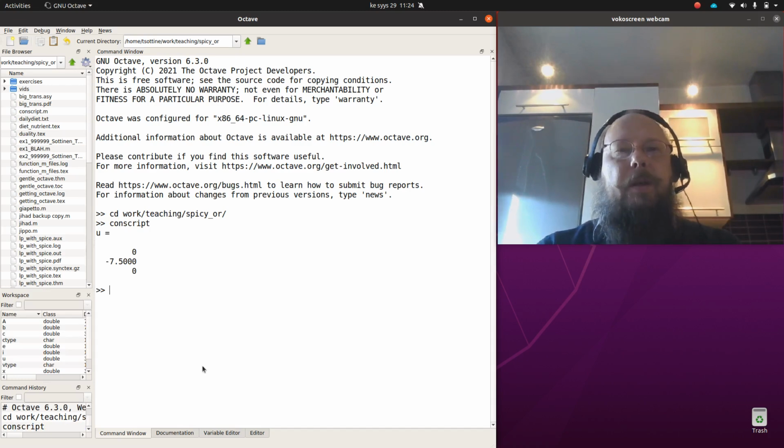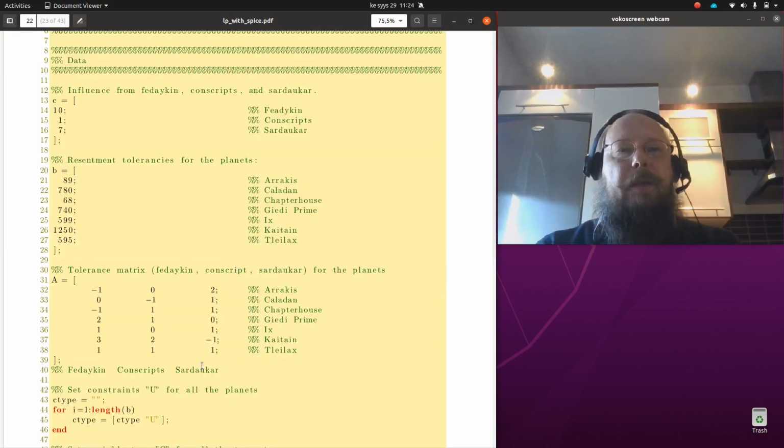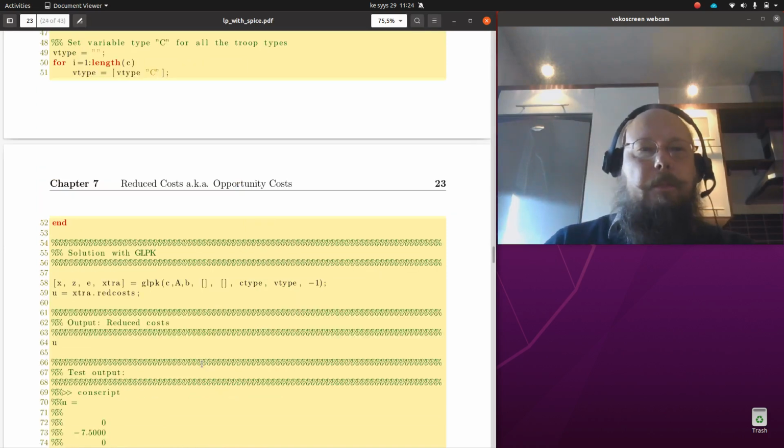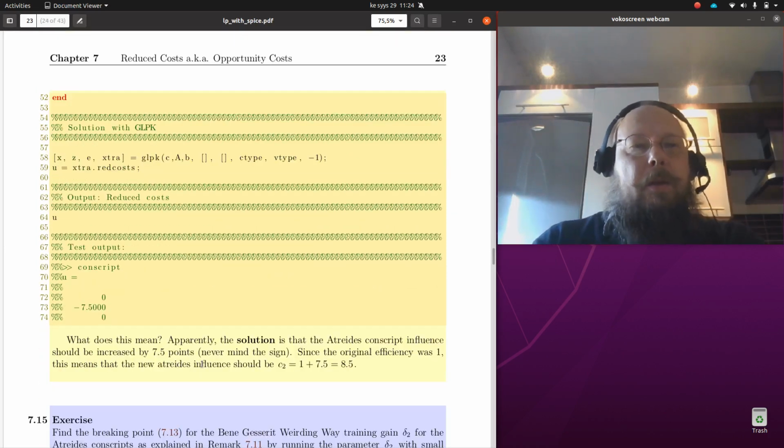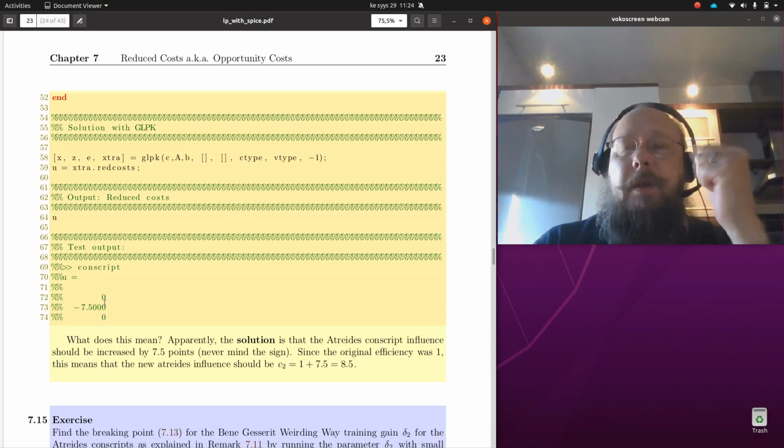So what is the interpretation? What does it mean? These are now related to the decision variables. And remember, the decision variables were first the Fedaykin, then the conscripts, and then the Sardaukar.